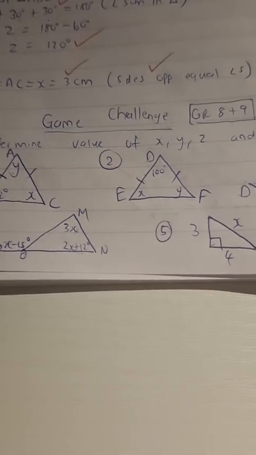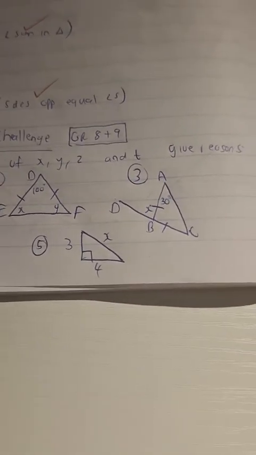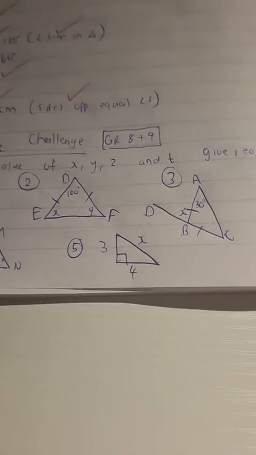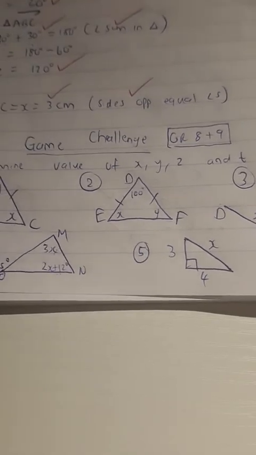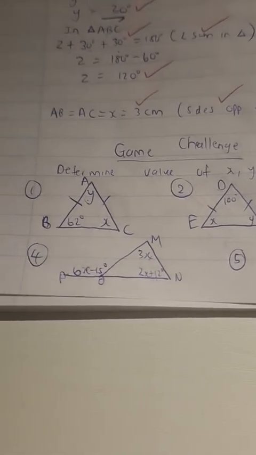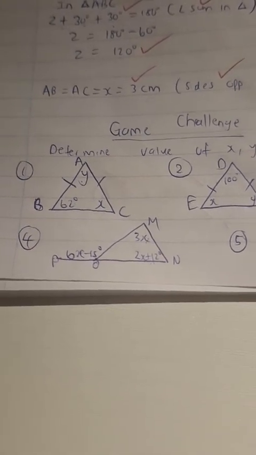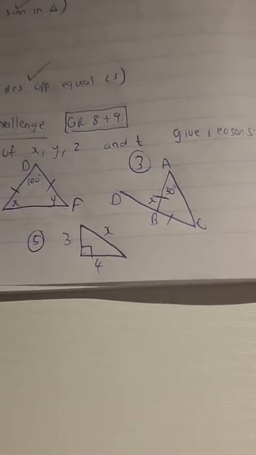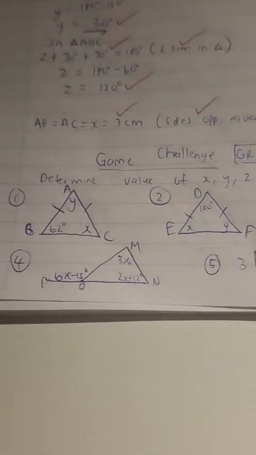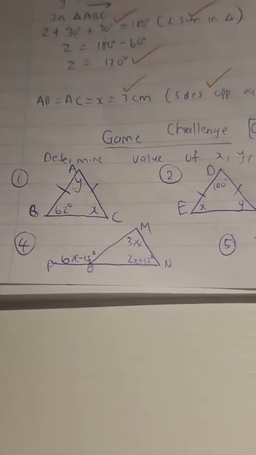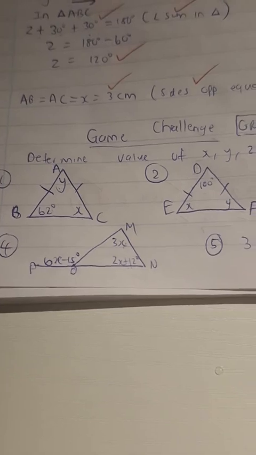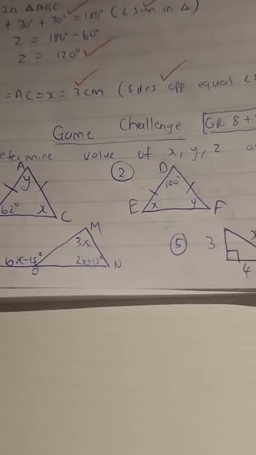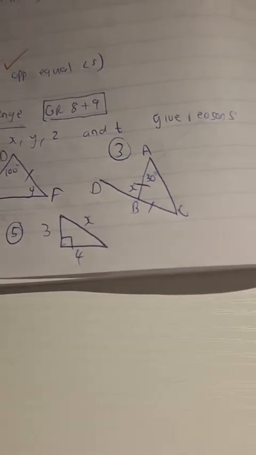I've made it very simple and I've been unpacking certain things, even for grade 9s that are intending to do maths in grade 10 next year. If you're going to do pure maths and not maths literacy, I'm setting you up nicely, so that you know the acceptable reasons according to the acceptable reason document, not just free-styled reasons, because free-styled reasons don't hold in grade 10, 11, and 12.